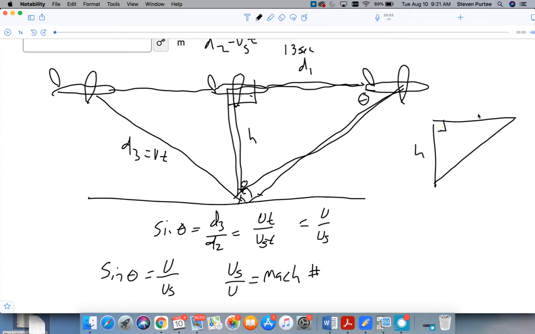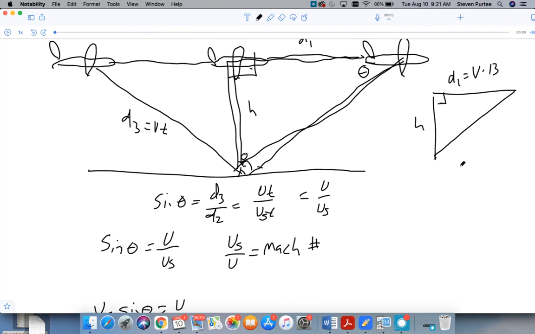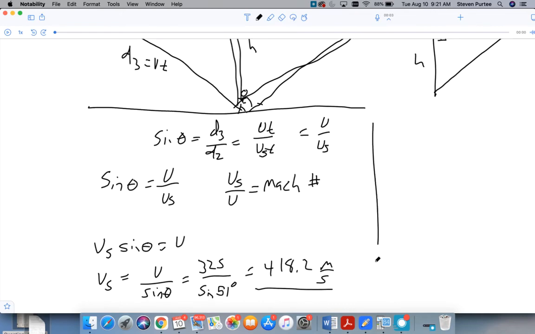Now that we know the speed of the plane, what we call d1 here, we know how long it took, we know the speed. That's just going to be distance equals rate times time. This distance is 13 seconds times 418.2 meters per second. So d1 will be 418.2 times 13.